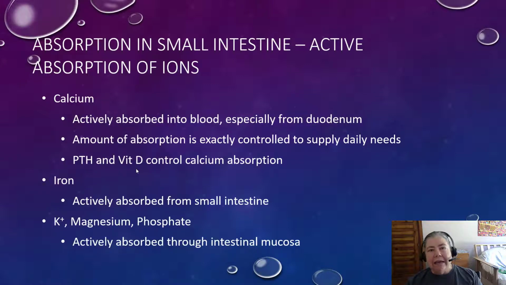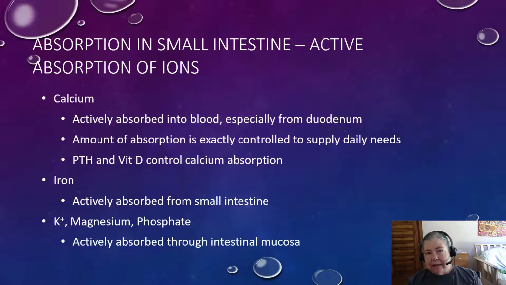If you are getting an inadequate intake of calcium, it's going to ramp up production of parathyroid hormone, right? Low serum calcium makes you make parathyroid hormone, which is going to both get calcium out of bone but also promote absorption in the intestine, along with activating vitamin D, which is acting in the intestine to control calcium absorption.